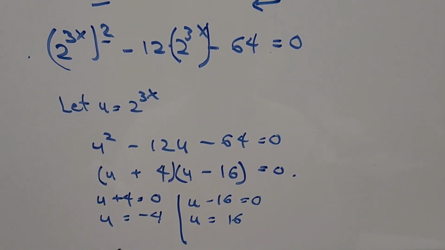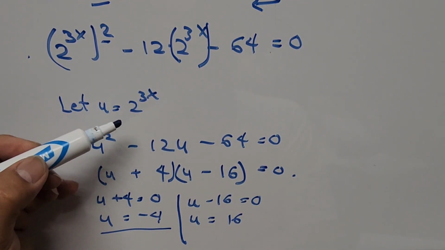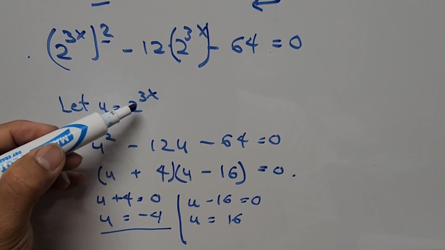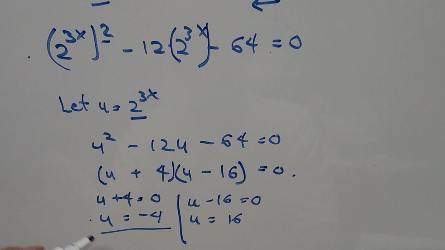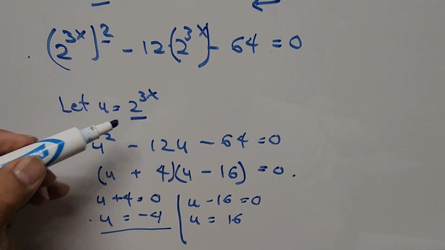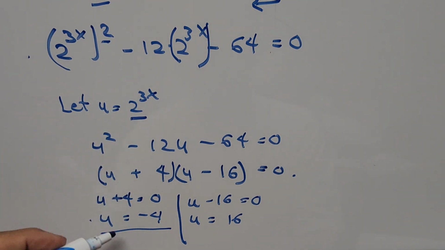If we focus on the value u equals negative 4, since u is a substituted variable in place of 2 to the power of 3x, and 2 to the power of 3x is positive, yet this value of u is negative, we discard u equals negative 4. The value of 2 to the power of 3x must be positive, not negative. So this value is rejected.